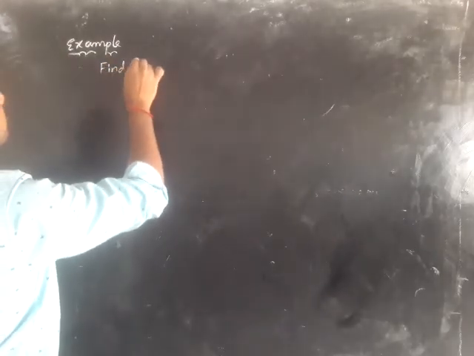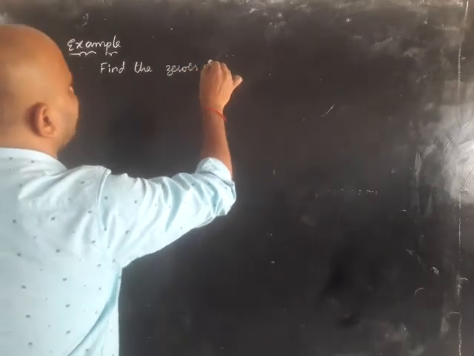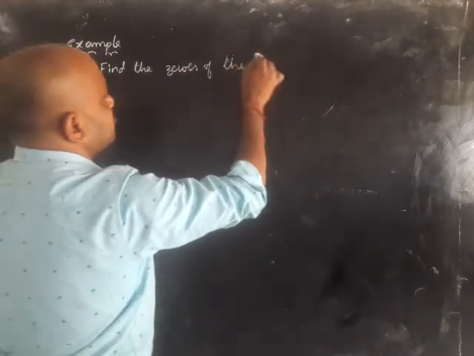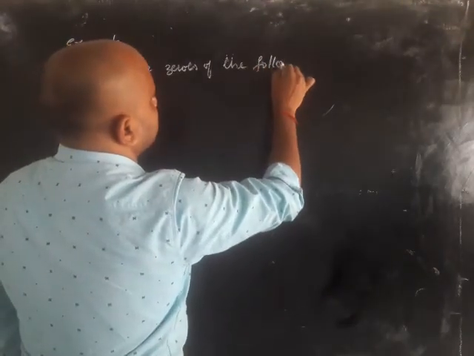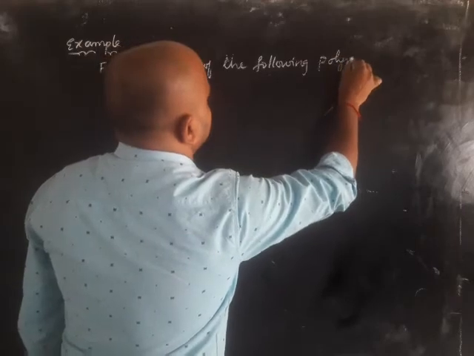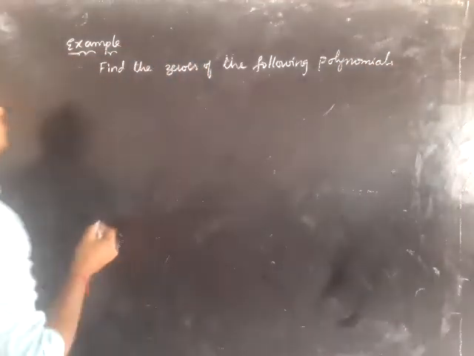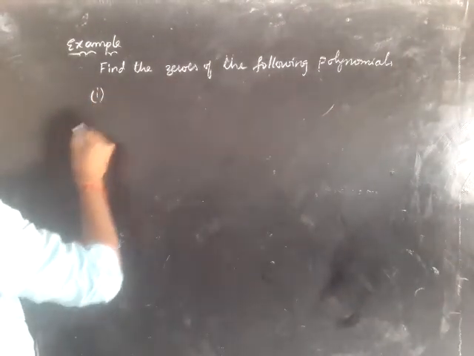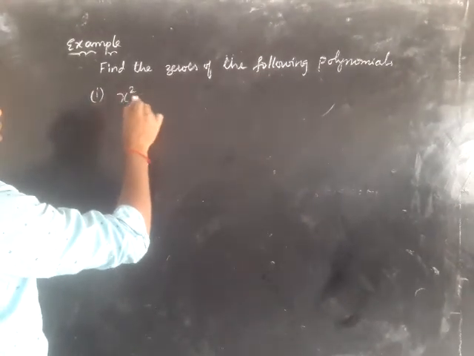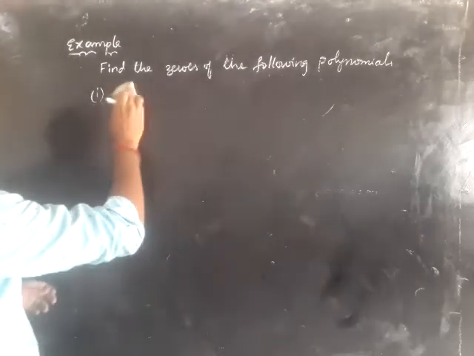Find the zeros of the following polynomial. First one, x square minus 5x plus 6. We take it as p of x.